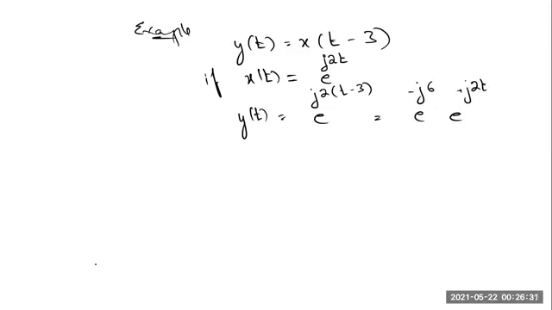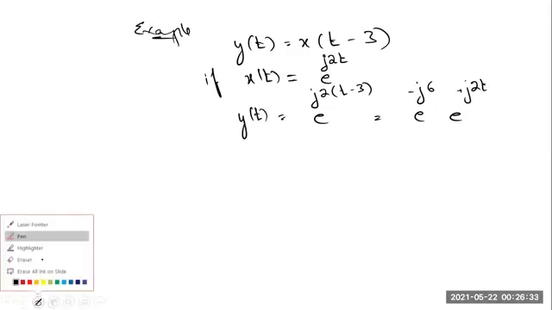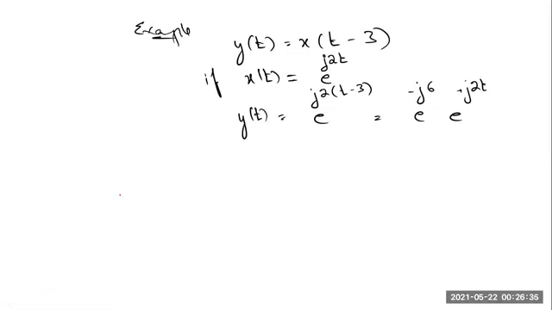So now you can see that we have a very convenient representation for the system output. The input was a complex exponential. And we just proved that the complex exponential is the eigenfunction. So if it is an eigenfunction, the output will also be the same complex exponential.